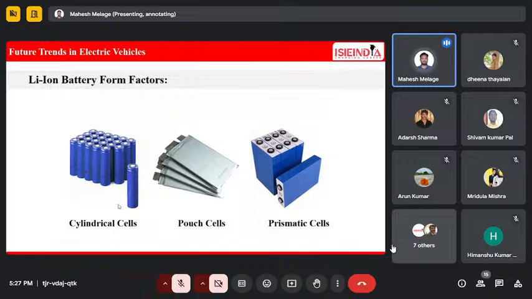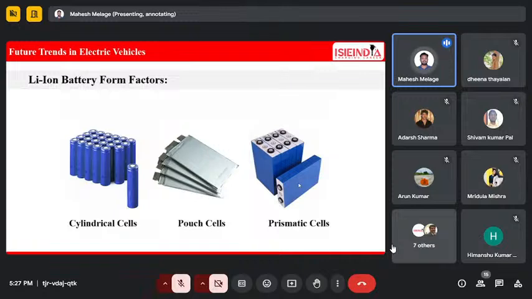This is a cylindrical battery, shaped as a cylinder. That's why we call it a cylindrical cell battery. Next is the pouch cell battery. You see the picture. These are used in a mobile. This is a pouch cell, and the last one is a prismatic cell. It is like a prism. The structure of the cells depends upon the application and customer requirement.